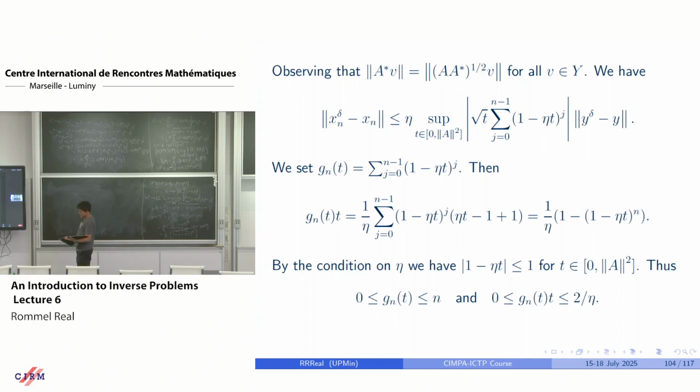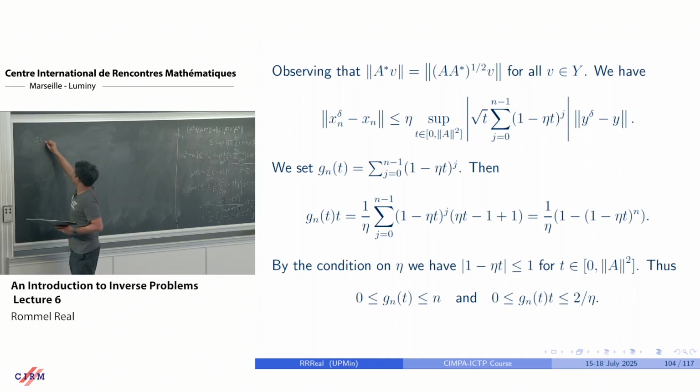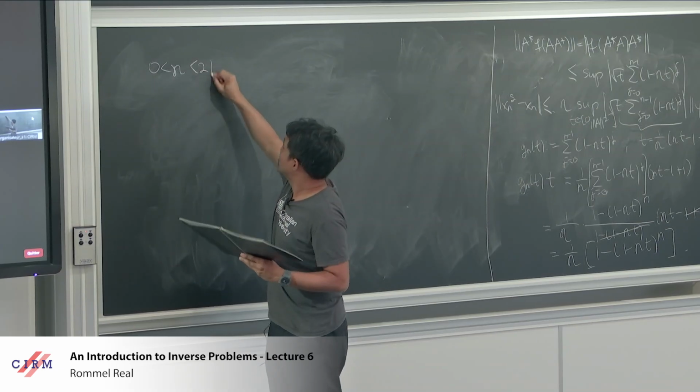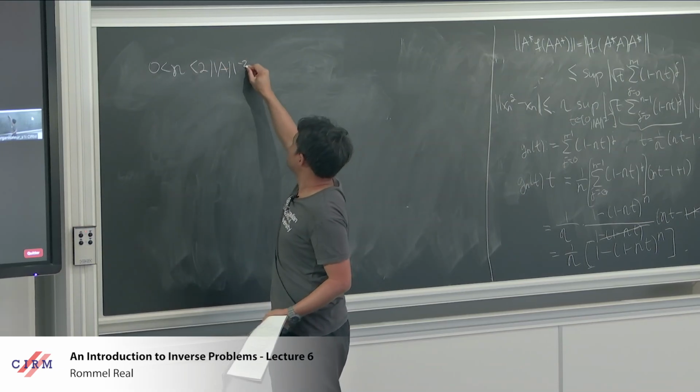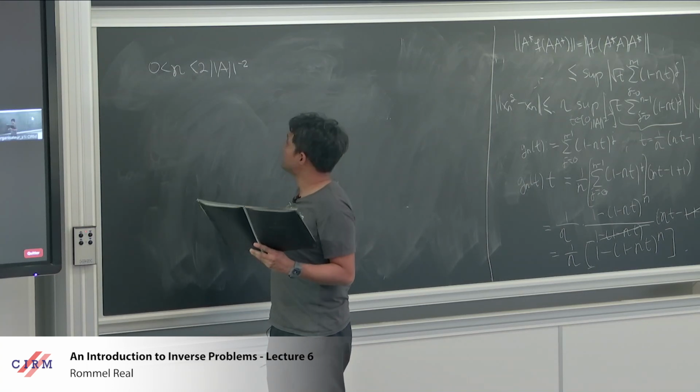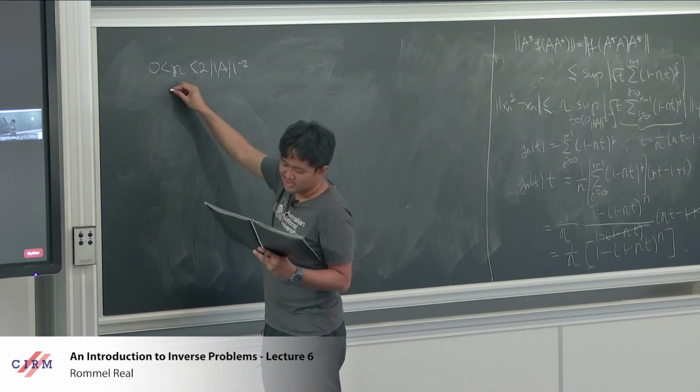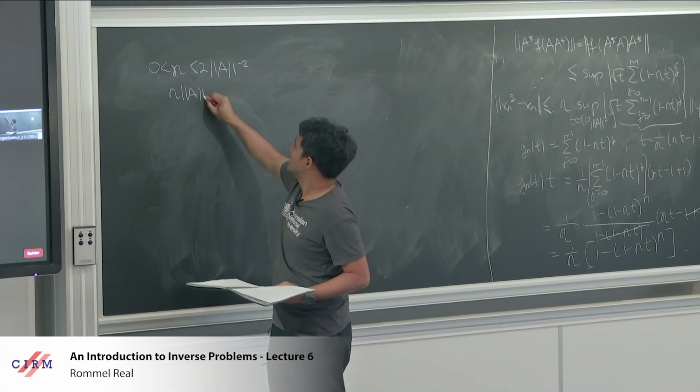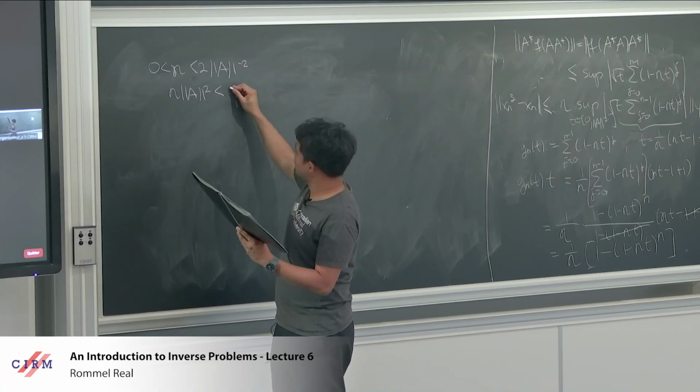Now, if you look at the condition on eta, the step size, it's easy to see that since eta is less than 2 times the norm of A to the minus 2, the norm of A squared is less than 2.